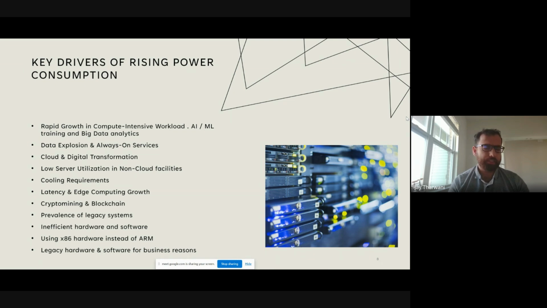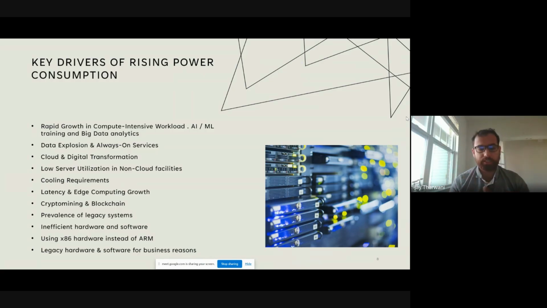Because they need huge compute resources, because they are trying to solve a lot of complex mathematical problems which use a lot of compute, right? So I think that bubble in crypto mining has reduced right now, but it's still there, and that also uses a lot of compute power, which uses a lot of energy.